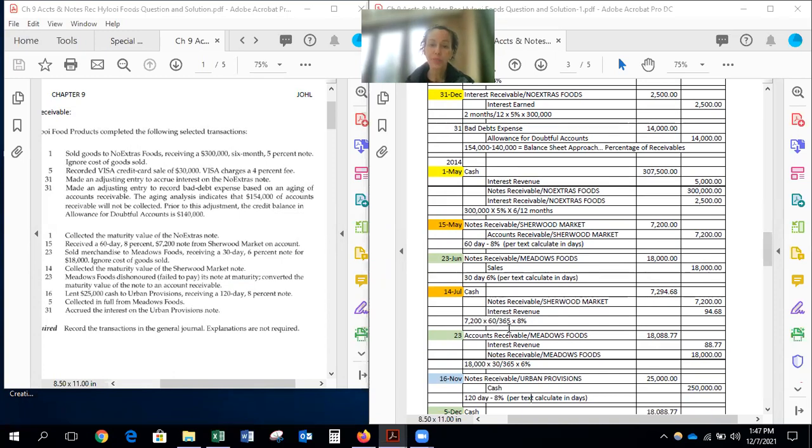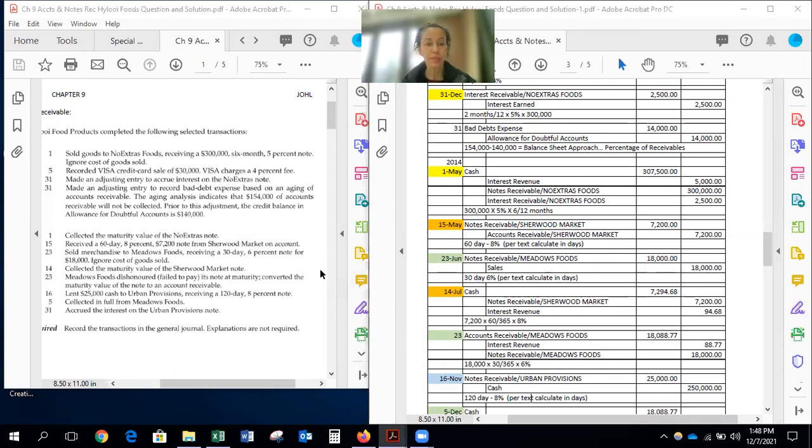Okay, our note is only outstanding for 60 of the 365 days in a year. So our debit to cash is going to be 7,200 plus the 94.68 interest. We remove the note from notes receivable and recognize the interest.